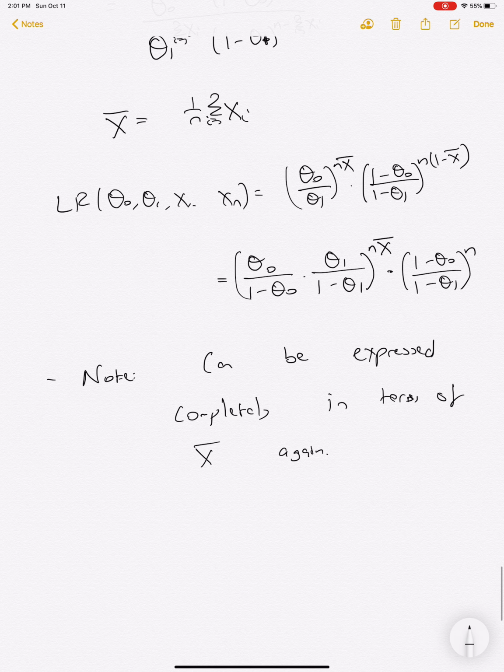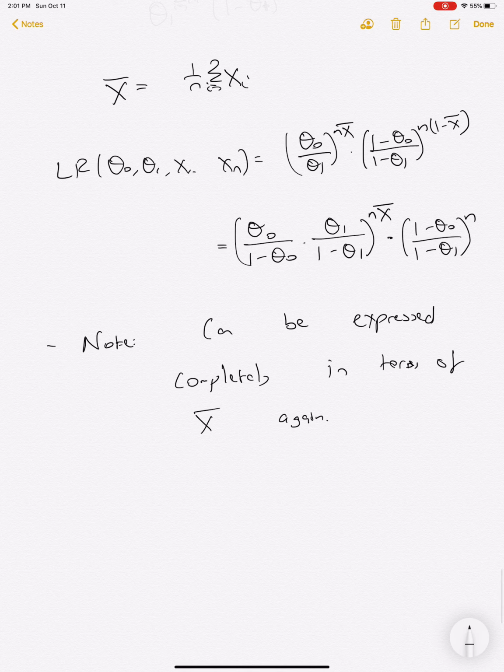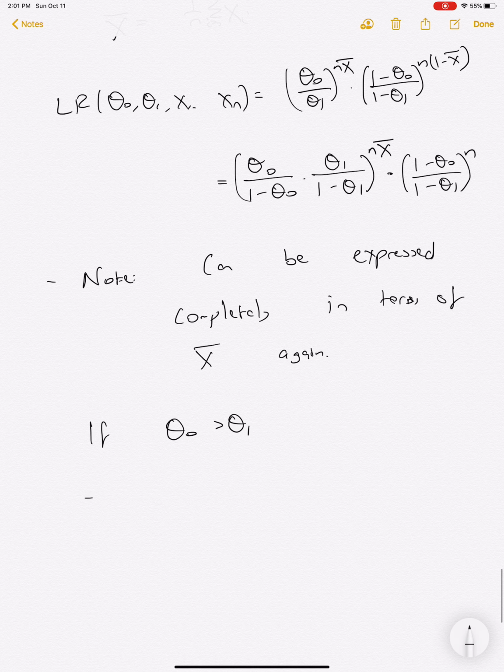And the other thing to note here is that if theta 0 is bigger than theta 1, as x bar increases, the likelihood ratio increases.